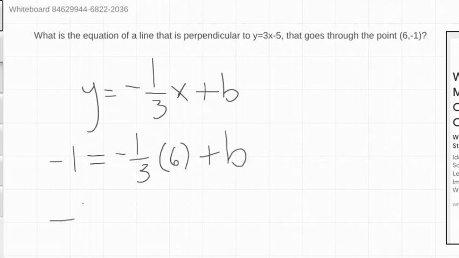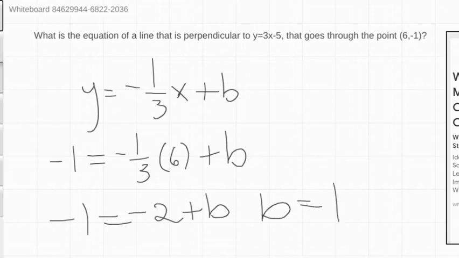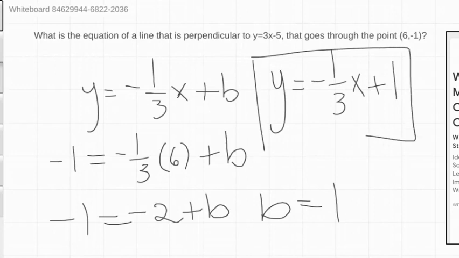That would give us negative 1 equals negative 2 plus b, so b equals 1. Then we want to plug b into our equation up here, and we would get y equals negative 1 over 3x plus 1. And that is our answer.